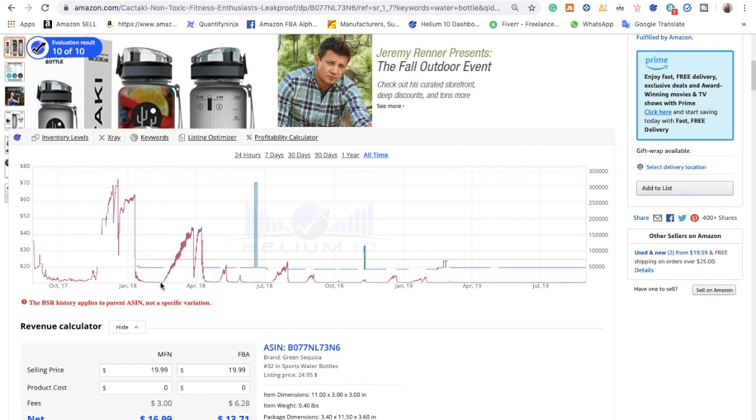That means that they went out of stock, and that is why their product BSR started to go up quite a bit. Then you can see when they came back in stock, the BSR was down again. They went out of stock again, it went up, etc. Every time the BSR has gone up, it's when they've been out of stock. But when they are in stock, they do sell consistently. So that is a consistent product.